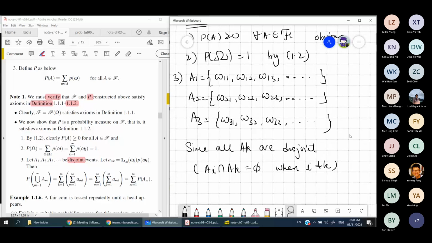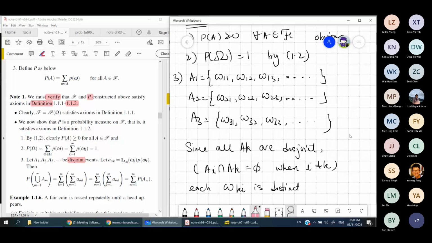So this just means that each omega_{k,i} is distinct; it cannot be the same. For example, if this and this were identical, then A intersect B would not be empty. So when they are disjoint, all these omega_{k,i} are not identical, each of them.